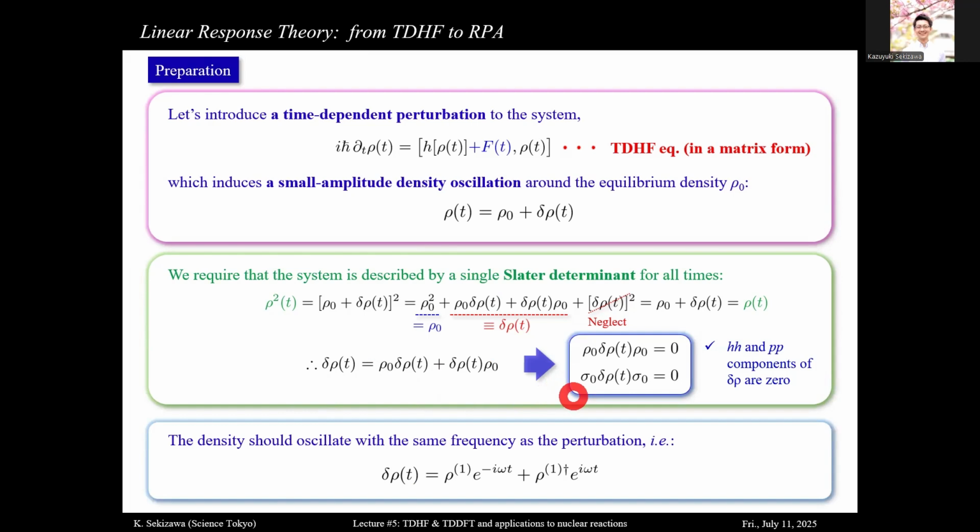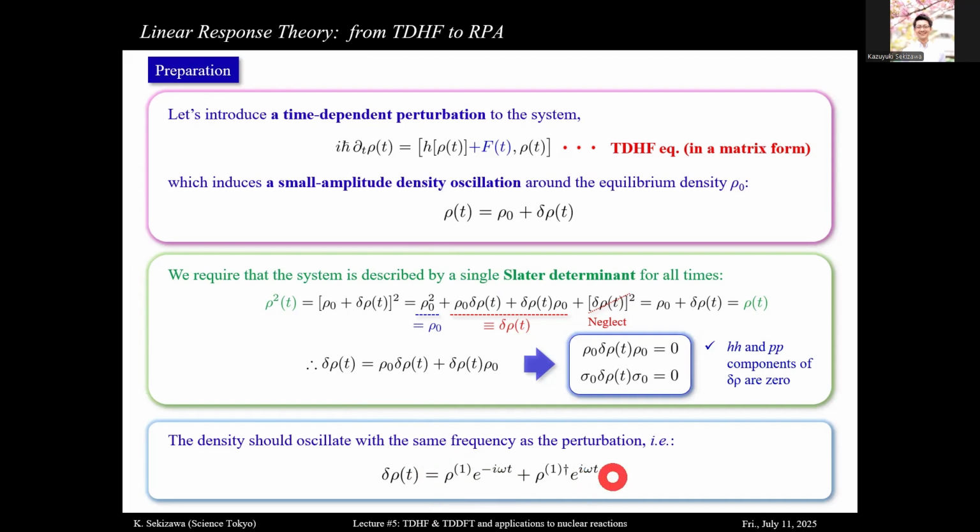Okay. So now we will assume this condition. We perturb the system by some F(t). This is a time-dependent perturbation. And we assume that the density fluctuates with the same frequency as the perturbation. So this rho 1, we do not give the form of rho 1 explicitly.